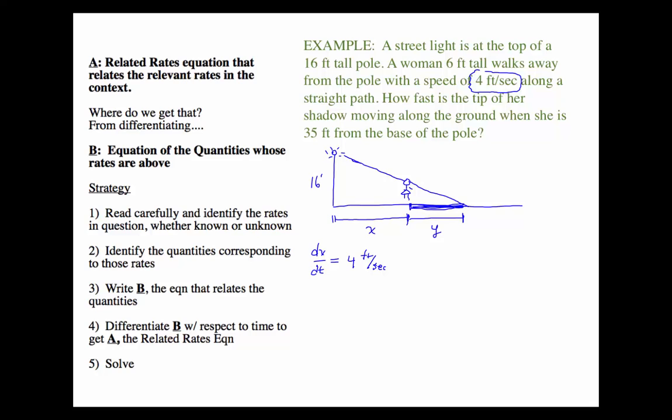We need the tip of the shadow to something that's fixed, right? So the obvious thing is the light pole. So how fast the tip of her shadow is moving is the unknown, and that is dz/dt. Does it make sense?